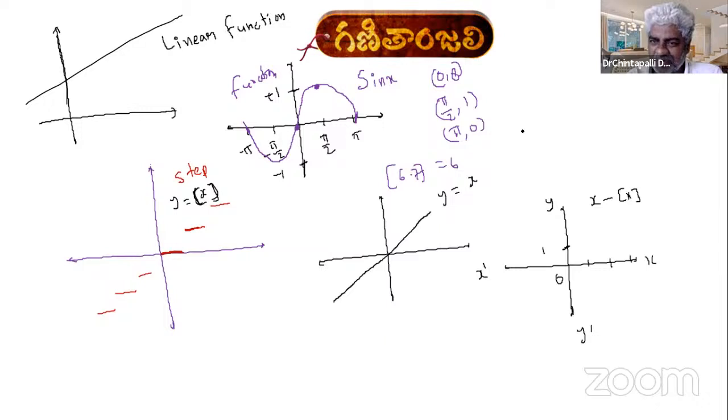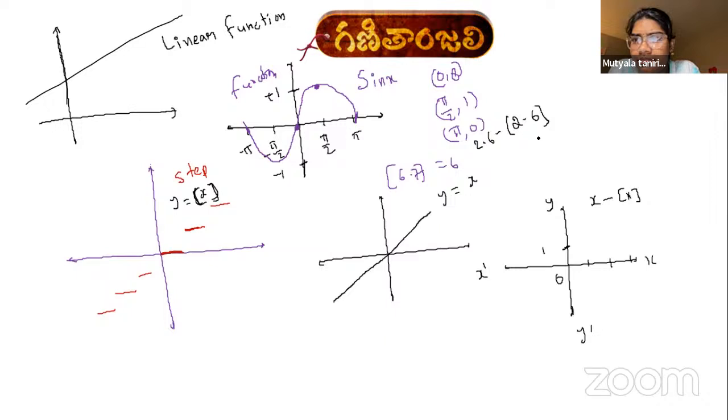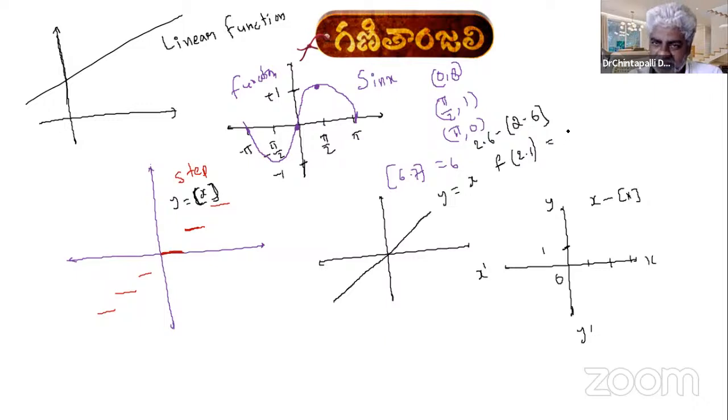take x is equal to 2.6. What is step x? X minus step x is 2.6 minus step of 2.6. What is its value? 0.6. What is f of 2.1? That means 2.1 minus step of 2.1, which is 0.1.